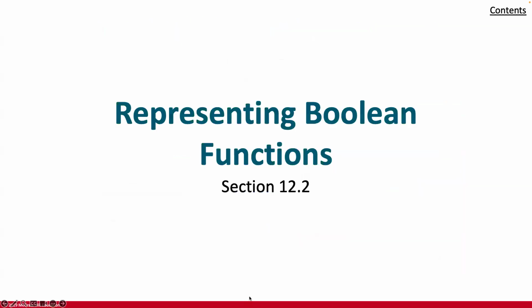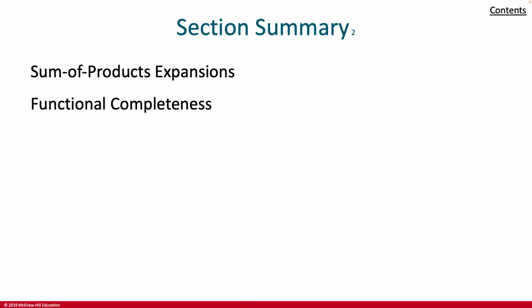All right, next let's get into representing Boolean functions. And so we'll talk about the sum of products expansions and functional completeness. There are 2 important problems of Boolean algebra that will be studied here. The first problem is, given a value of a Boolean function, how can a Boolean expression that represents that function be found?